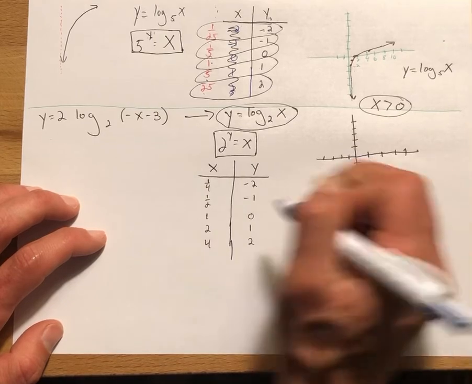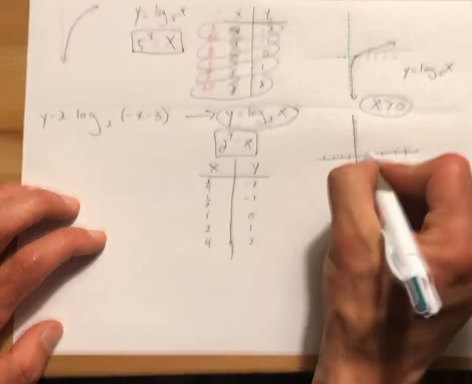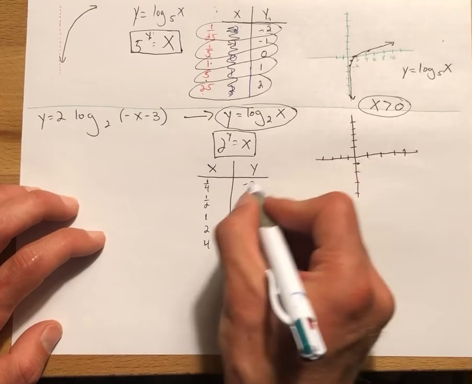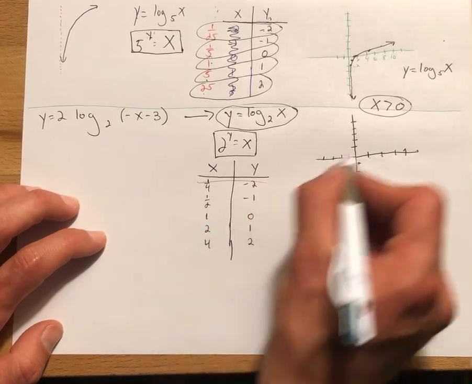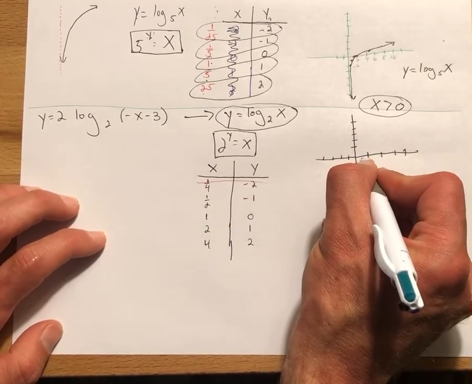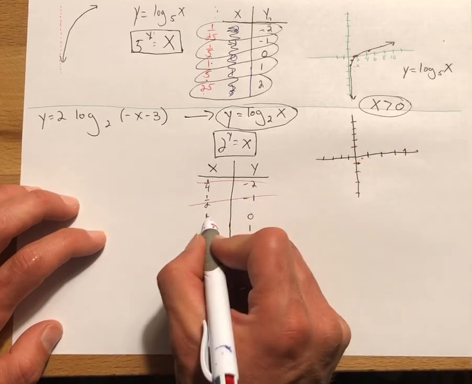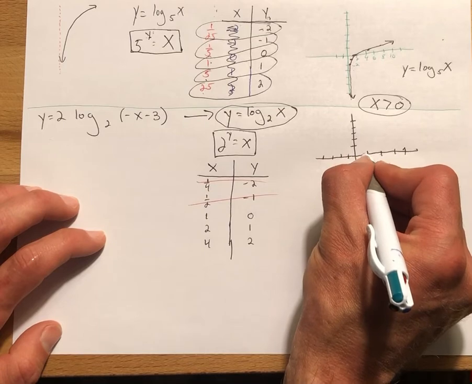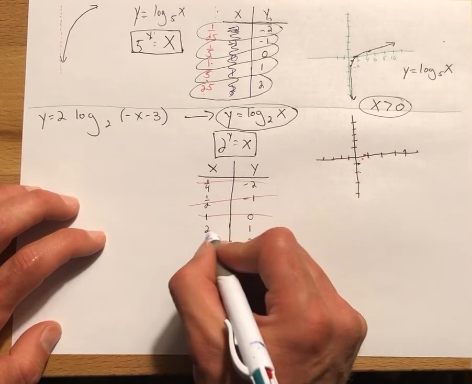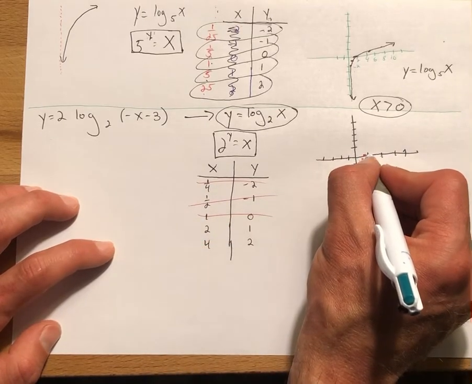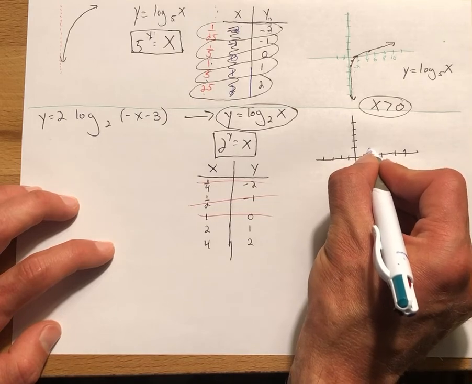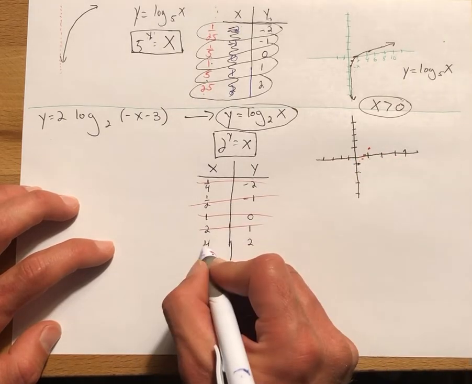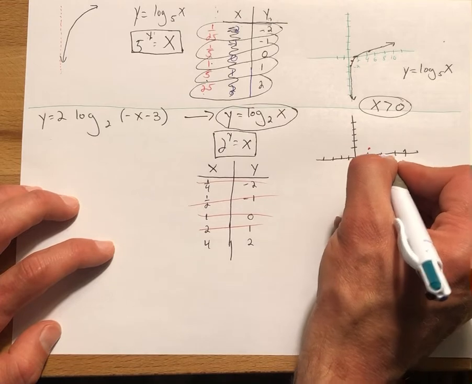Let me use a different color. If I'm at 1/2, I'm at negative 1. If I'm at 1, I'm at 0. If I'm on my 2, which is here, I'm at 1. And if I'm at 4, right here, I'm up at 2.